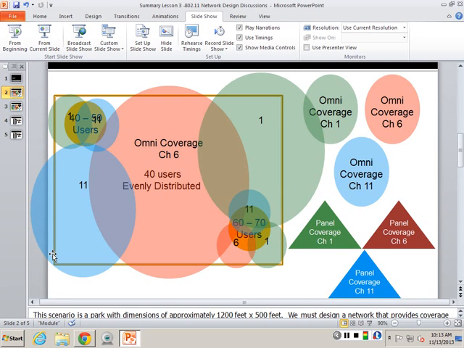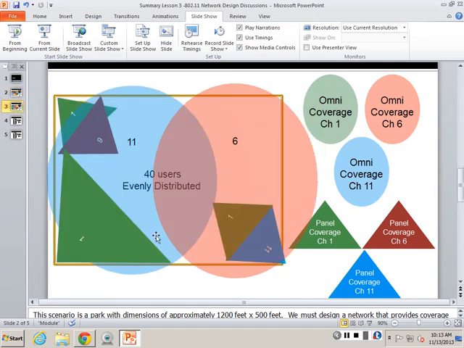Let's look at the other one. Talk to me, either group. Problems with this? First off, does it cover our users? Does it do what we need it to do? Okay. What about the lower right? Do we provide coverage for 60 to 70 users? Whichever ones are on channel 6 might be kind of small.